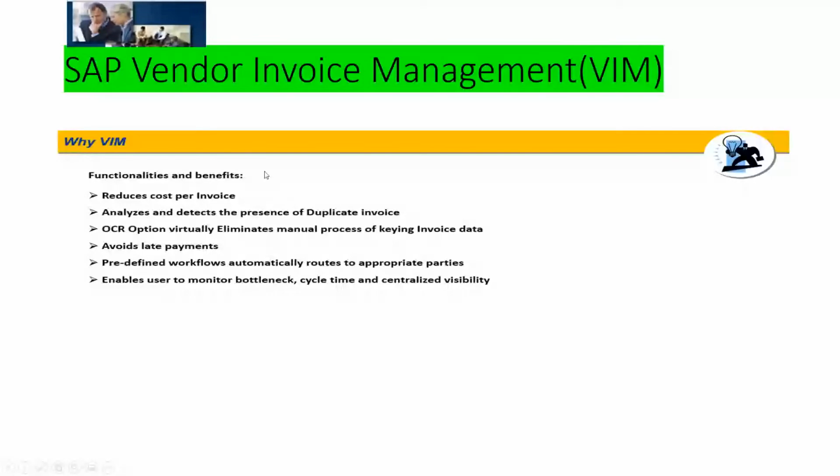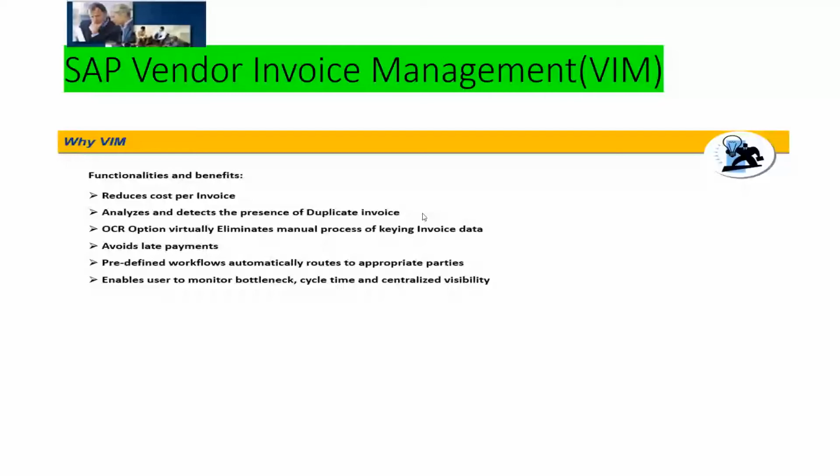So now, why VIM? We have already discussed the functionality and the benefits. It reduces cost per invoice and analyzes and detects the presence of duplicate invoices. If we are processing invoices manually, we may forget that an invoice has already been processed. There is no duplicate checker in ECC or S/4HANA if we are processing through MIRO. But if you are using VIM, the system will automatically detect that this is a duplicate invoice.